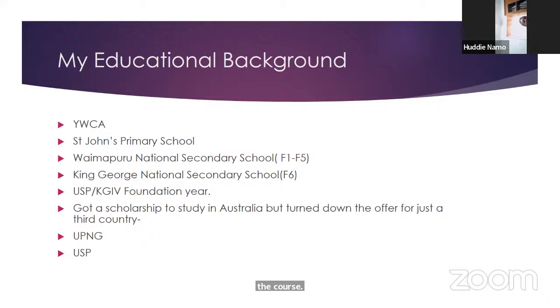But at that time, you had to do a prerequisite course. The prerequisite course I was supposed to do was a Bachelor of Science, which is a 3 year program. Combined with the 4 year medicine course, that would result in 7 years. But in PNG, it's only 5 years.